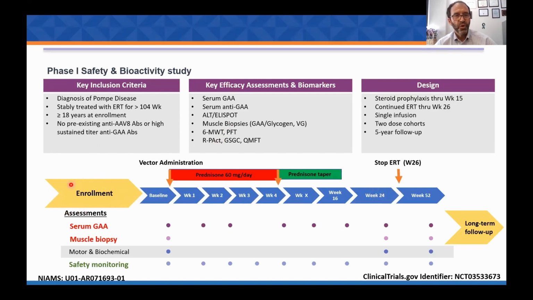We started at enrollment, monitoring key criteria to select patients who would be eligible according to the protocol. Things like a clear diagnosis of Pompe disease, having been treated for over 2 years with ERT at the same dose to be sure there's no continuing benefit from ERT. Any new benefit would be from gene therapy, being adults, and not having any antibodies against the AAV that could prevent it from working.